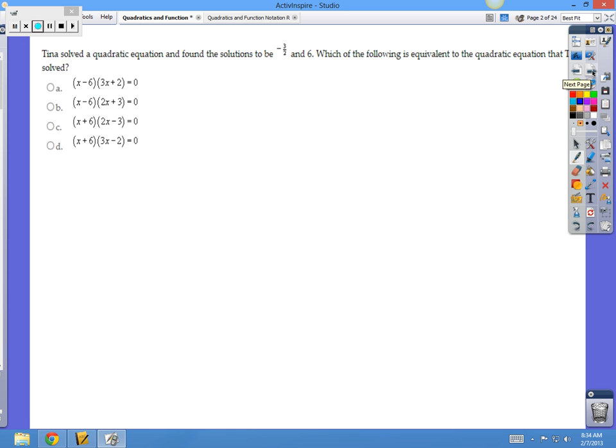Okay, number 2 is asking you to think backwards. If your answers are negative 3 halves and 6, what would the step before be like? So you've got 4 to choose from. You start eyeballing which of those 4 choices is going to match your answer. So this one's going to be easy. Let's start with this.